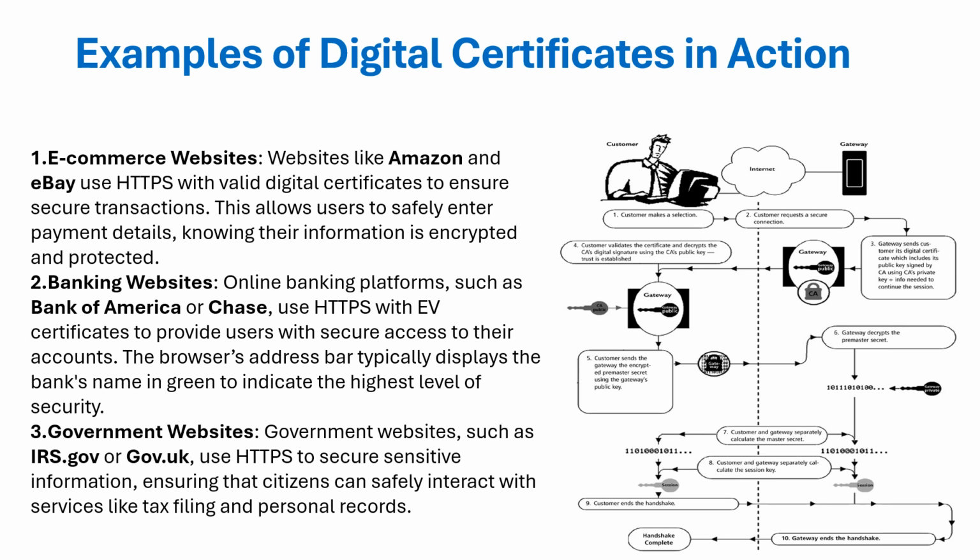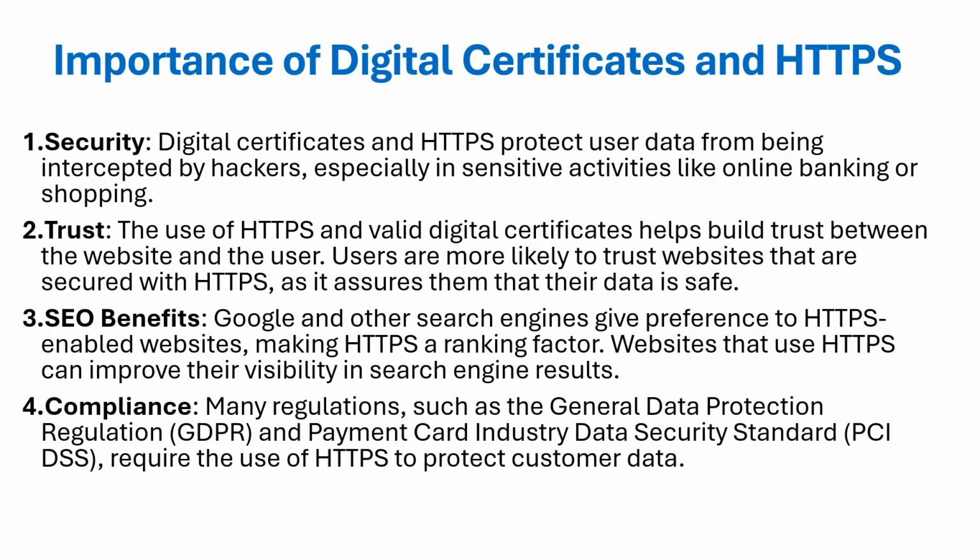For example, e-commerce websites like Amazon and eBay have secured websites with valid digital certificates to ensure secure transactions. This allows users to safely enter their payment details, knowing the information is encrypted and protected. The same goes for banking websites, and government websites are also supposed to have the same.